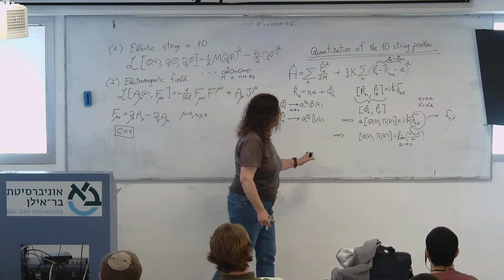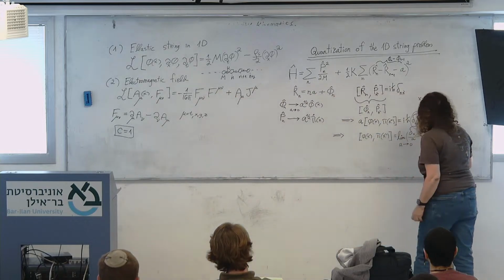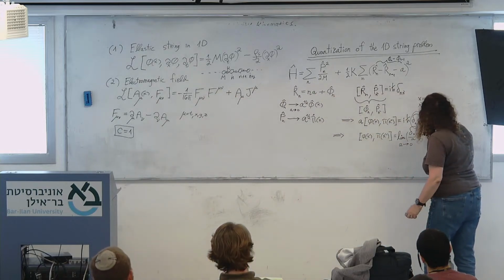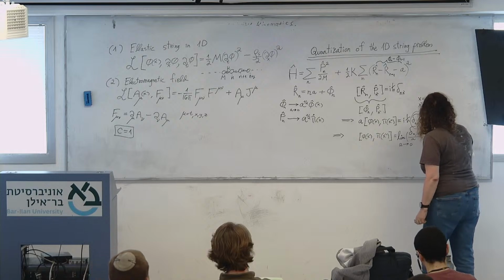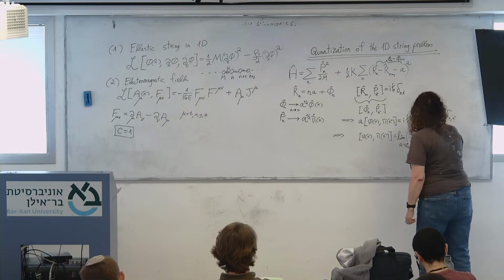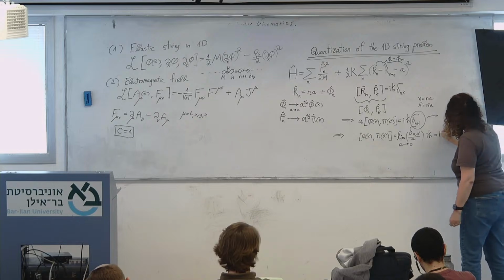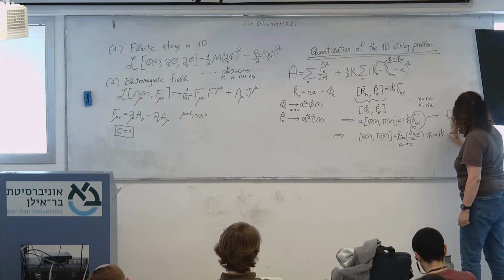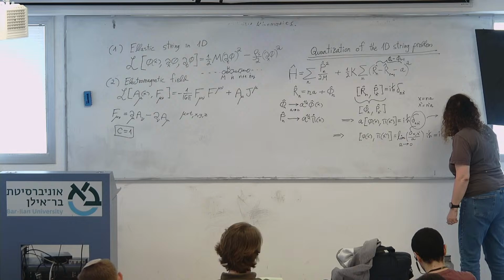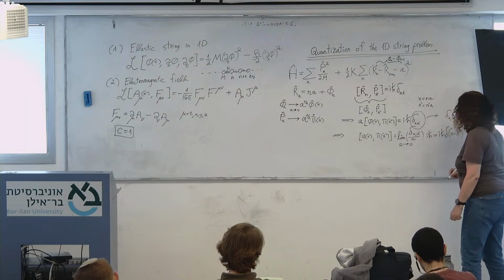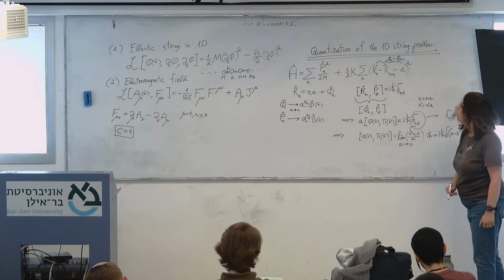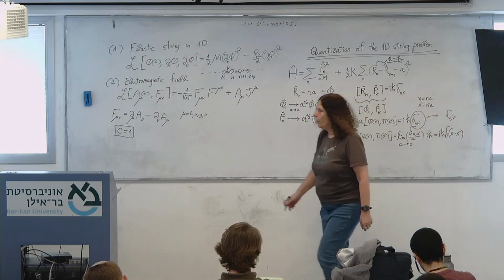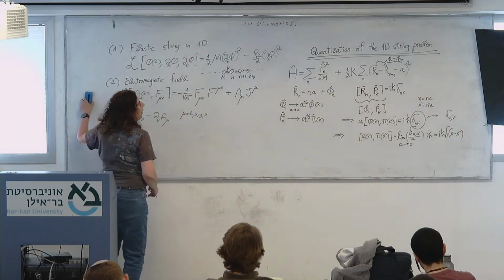Exactly. This is just the definition of, sorry, I forgot, there is a factor of i h bar. So this is nothing but i h bar times the Dirac delta function. Okay, so let me write the final result.